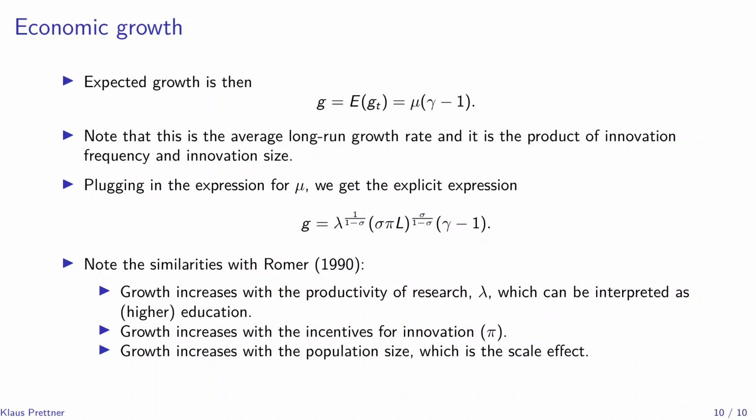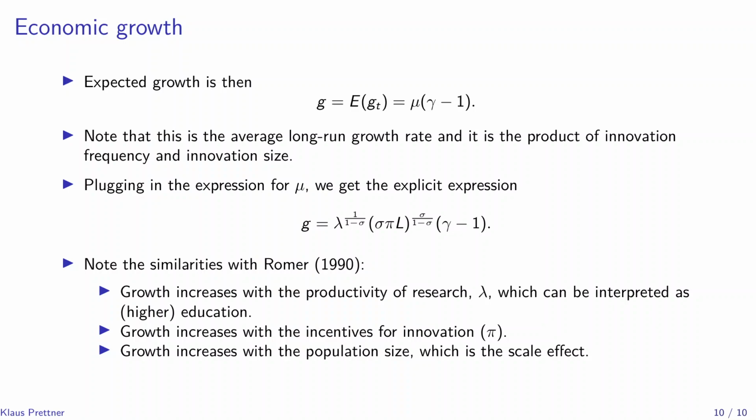Now, what is not so nice in this version of the model is the one sector specification that leads to an on-off economic growth type of evolution over time. So we either have economic growth in a period or not, but this is not what we observe in reality, where it's rather smooth.